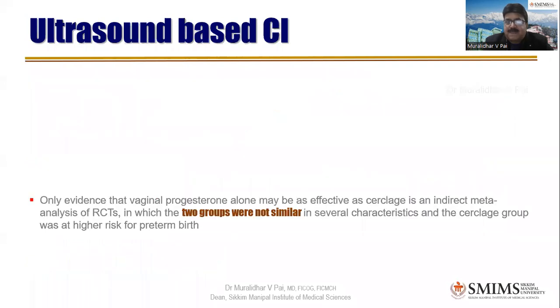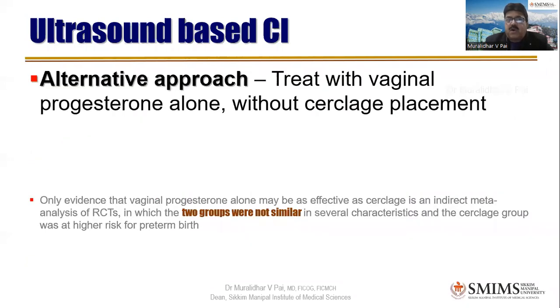It's controversial. Now, an alternative approach has been suggested for ultrasound-based CI, that is, treat with vaginal progesterone alone without cerclage placement. Now, what to say for this? The only evidence that vaginal progesterone alone may be as effective as cerclage is an indirect meta-analysis of RCTs in which the two groups were not similar.